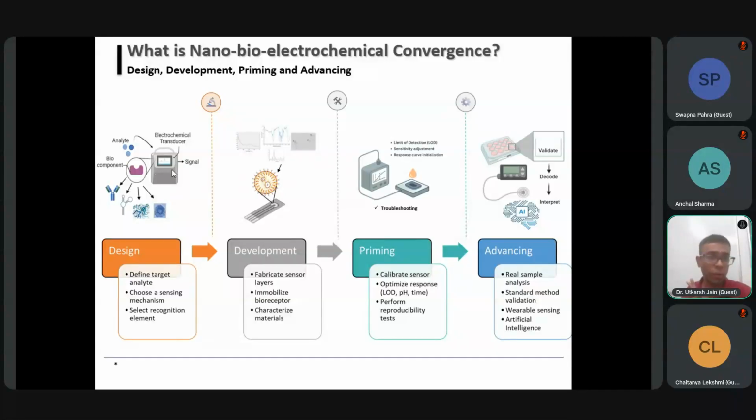First, what analyte you are focusing on. Analyte can be anything. If you are working on biomedical devices for diseases, it can be a biomarker. If you are working from an environmental perspective, it can be an element, it can be a protein, it can of course be a nanoparticle as well. It can be any organic or inorganic material.